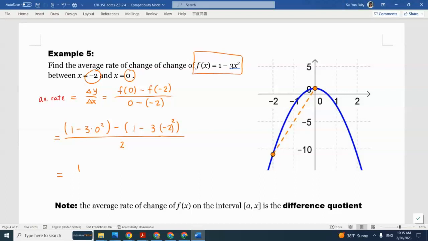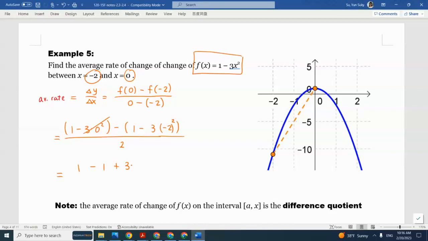Okay, numerator 3 times 0 is 0. And then break the parentheses. Minus 1 minus negative become positive 3 times. What is negative 2 squared? 4.